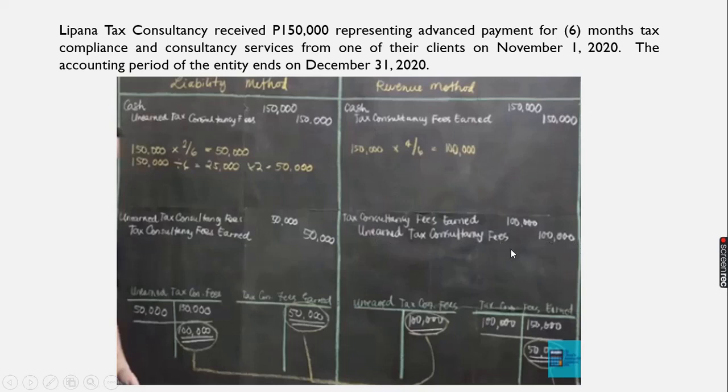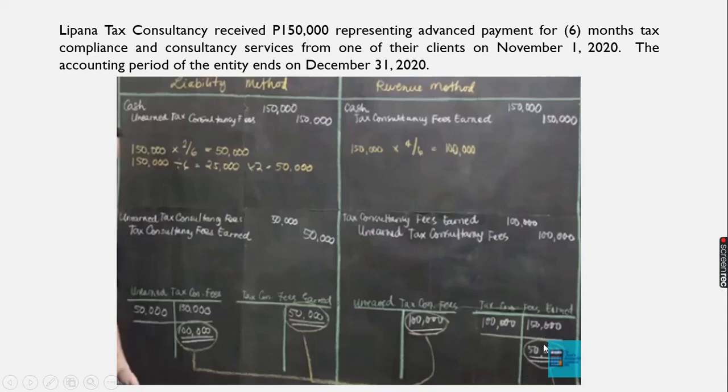O, ito. Pag tax consultancy fees earned, naka-receive ka noong November 1, 2020, under credit, 150,000, and then yung tax consultancy fees earned na under debit, 100,000. So, ilas mo ngayon yan. Yung balance ng tax consultancy fees earned mo, yung na-earn mo within that 2 months is 50,000.